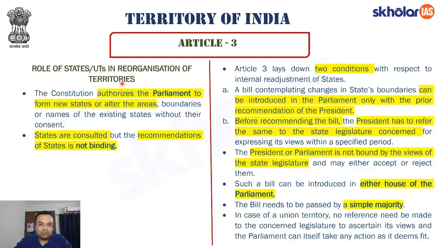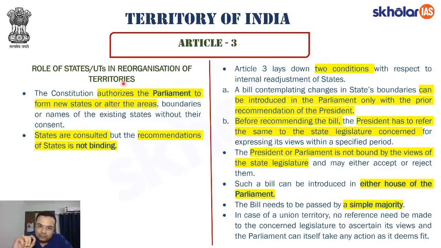So essentially, what we are trying to understand is, when we talk about Article 3, what are we doing? We are trying to create new states, change the area of an existing state. We are also trying to do something by which we may even end a state. We can merge two states into one state. On one hand, we have just discussed that Parliament has been authorized by Article 3 to do so.